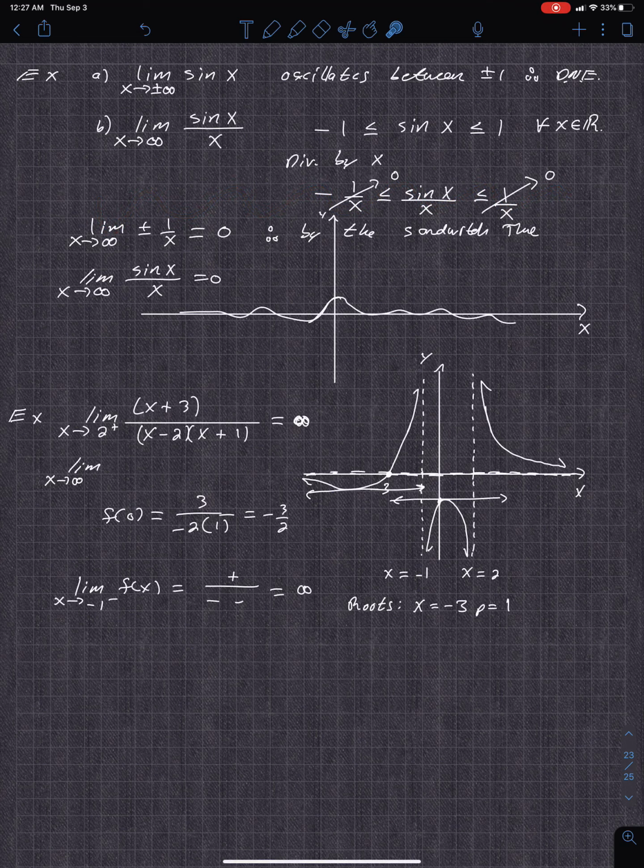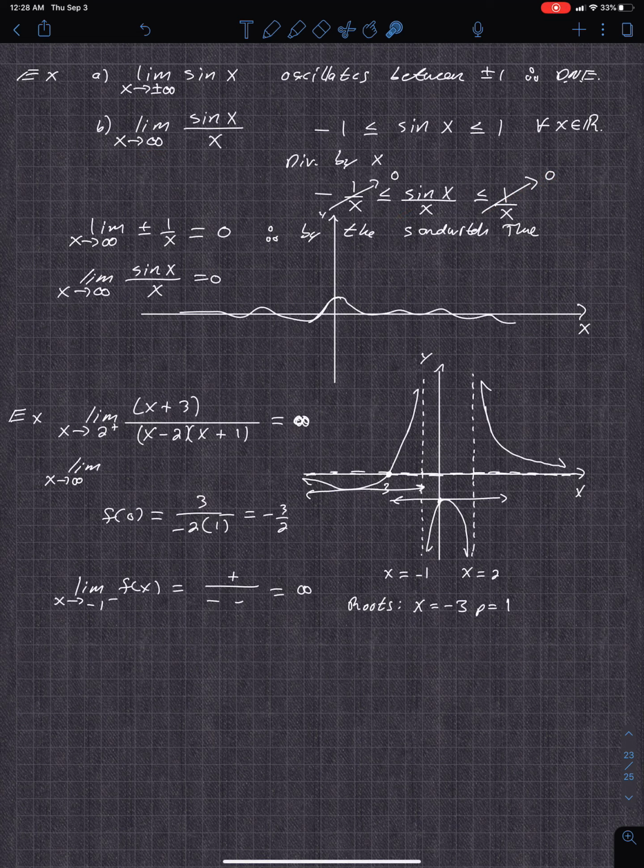So then if you use the squeeze theorem, you can write the inequality that we know is true about sine, and then we divide everything by x. And so negative 1 over x goes to 0, and 1 over x goes to 0 as you approach infinity. So that means this middle must also go to 0.